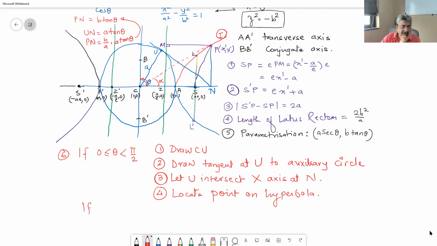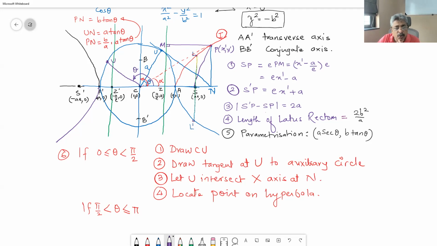Second, if theta is strictly greater than pi by 2, and maybe, can I make it equal? Sec 0, yes, equal to pi. Which arm will we get? Understand this. Now I am drawing some angle here in the second quadrant. This is our theta now. This is your point U. What is the procedure?